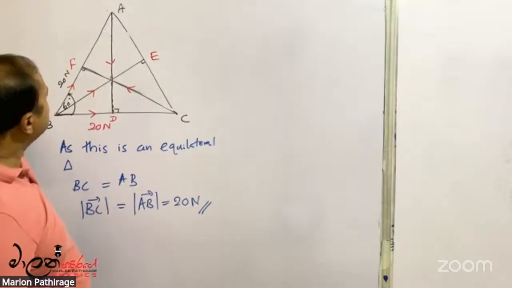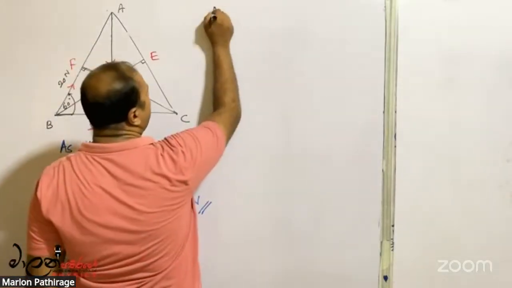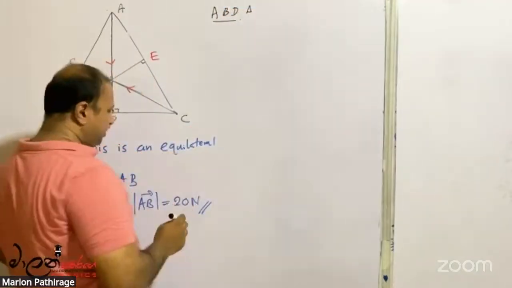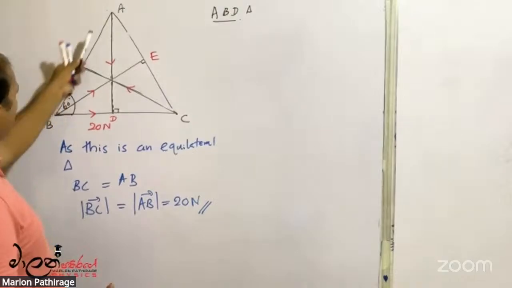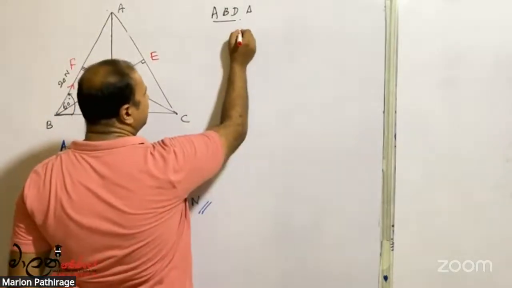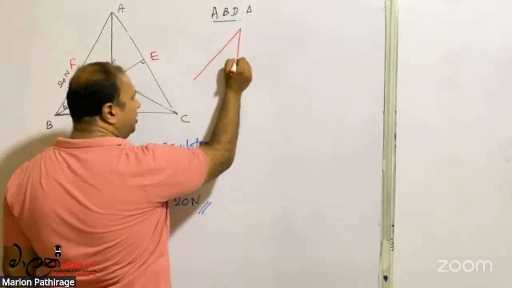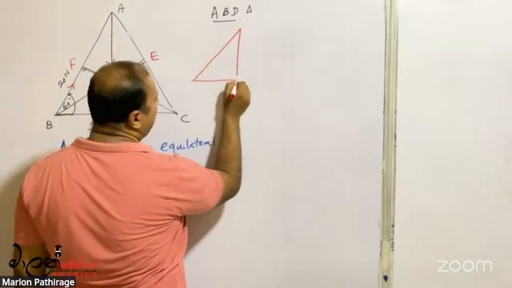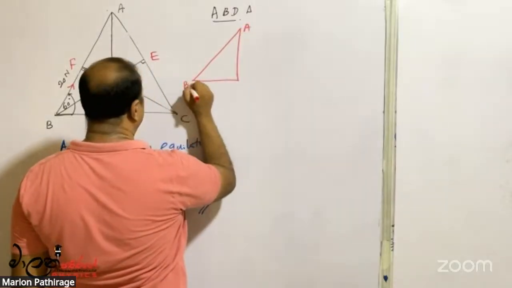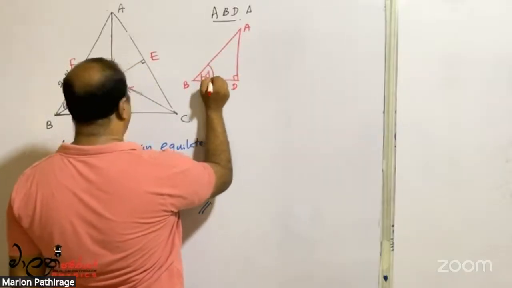So if I consider the ABD right triangle, you know the value of AB. This angle is 60 and this one is 20.